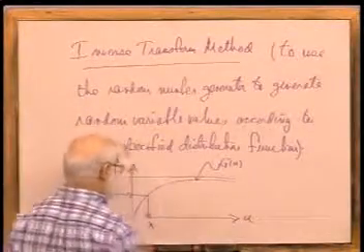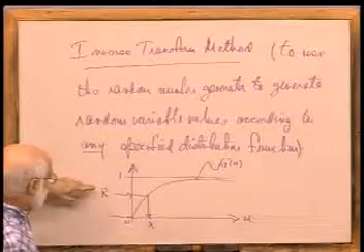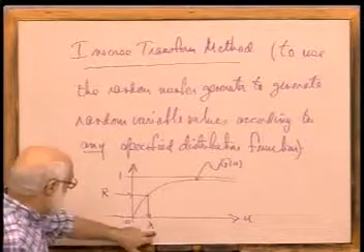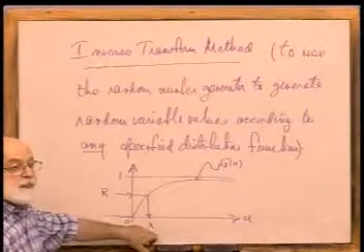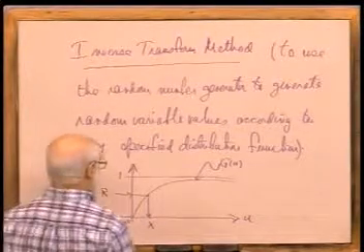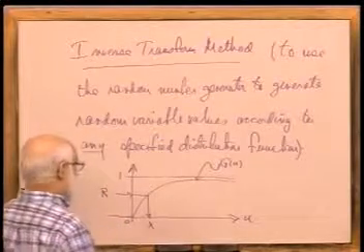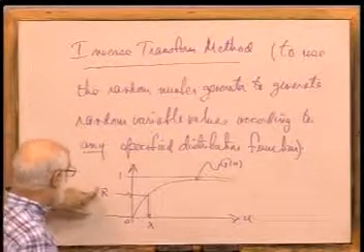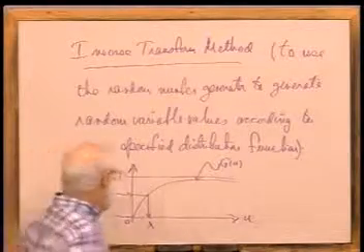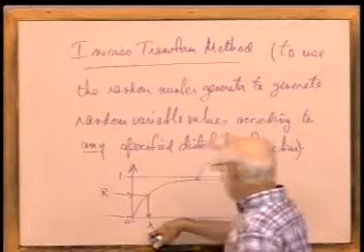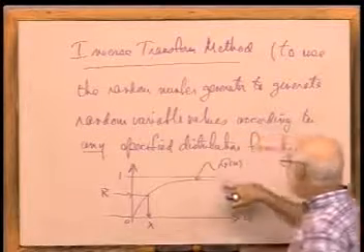Inverse transform, because I'm going backwards. I have this function right here. Instead of plugging in the x and getting the r, I'm going to plug in the r and ask what x that came from. Now, what the theorem says is this. It says that if the r is uniform between 0 and 1, then the x will have as its distribution function whatever this formula is.